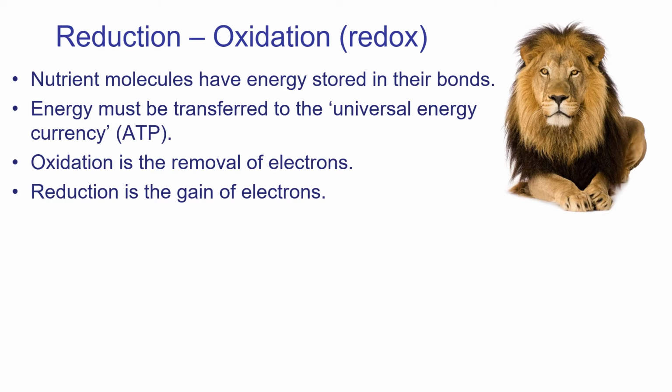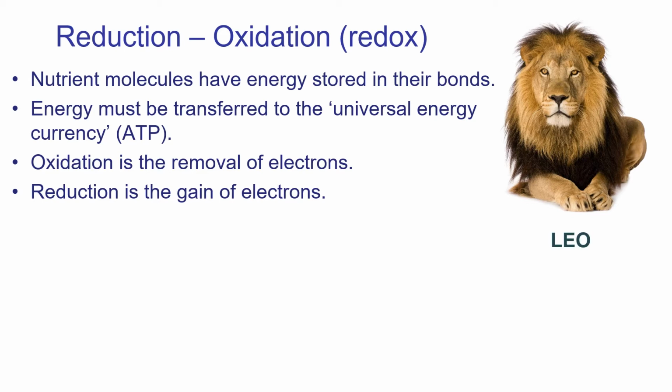It could be that we've got a polar covalent bond forming where electrons move closer to the atom that has the higher electronegativity. So in that case, the atom with the higher electronegativity would be reduced because it's gaining those electrons, even though it's not stripping them away completely from the atom that was oxidized.